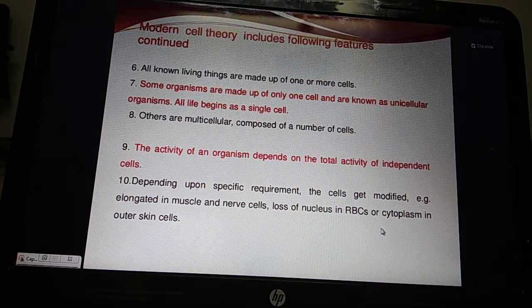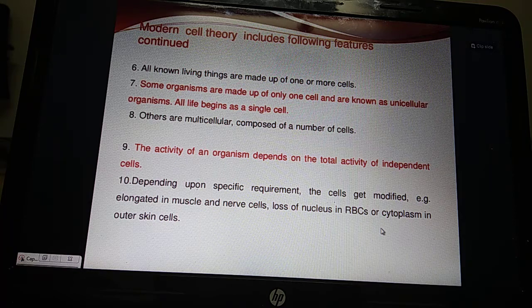So in modern cell theory, we saw that all organisms are made up of cells, but some are unicellular, some are multicellular, and the activity of an organism depends upon the total activity of independent cells.